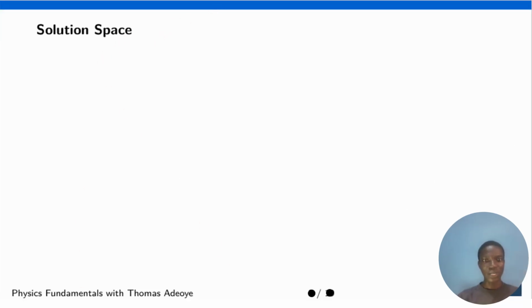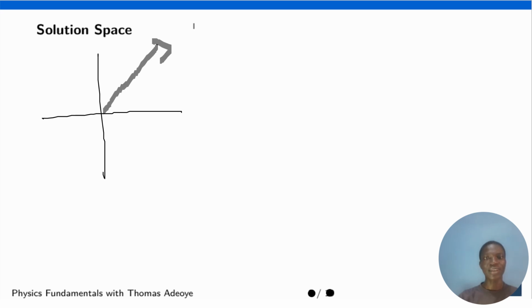Suppose you have something like this, a vector, let's call it vector A, and let us assume this is north and this is east.